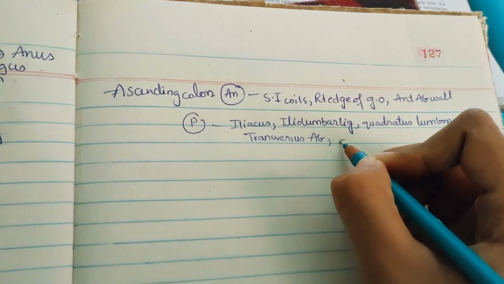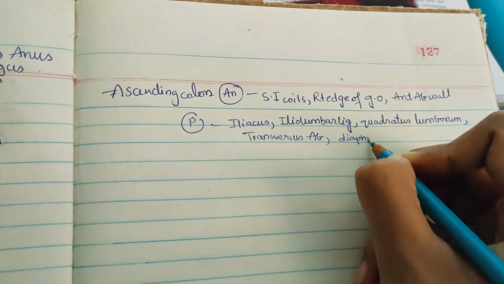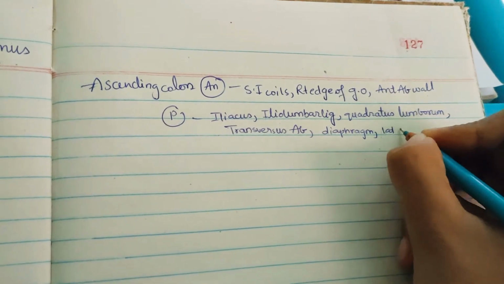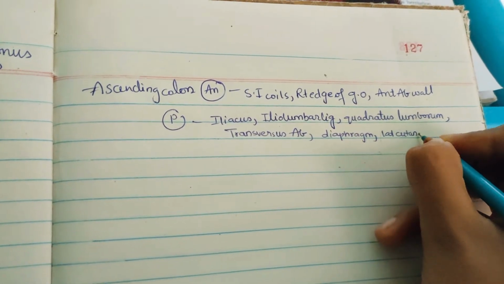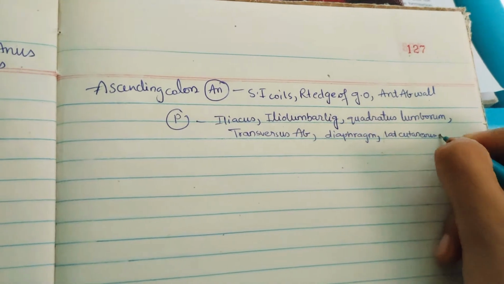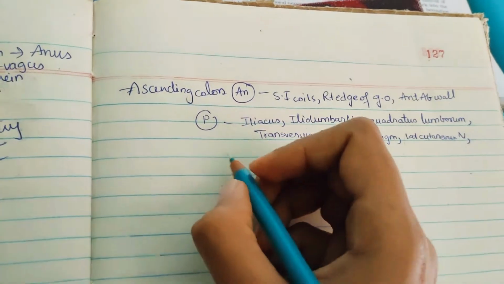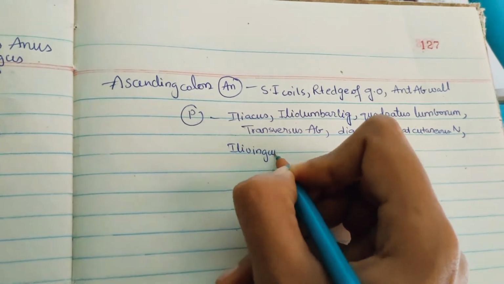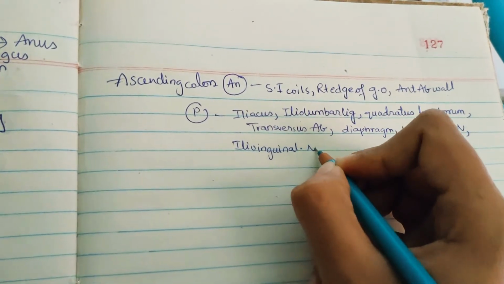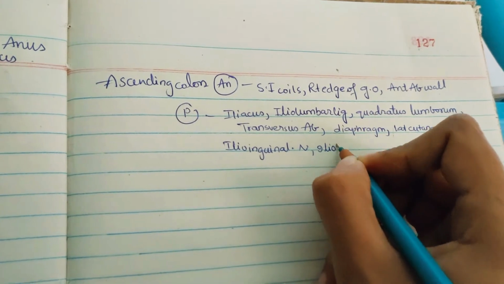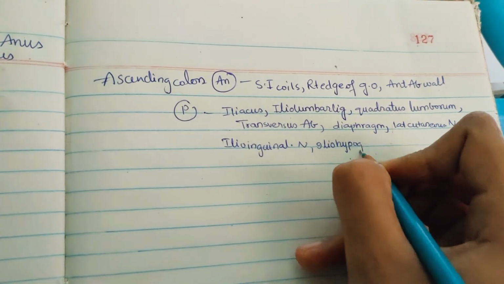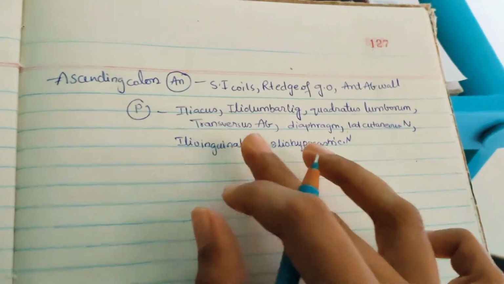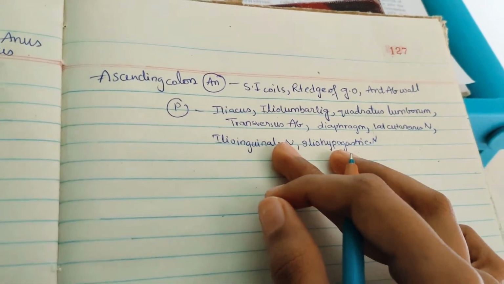And next you'll have diaphragm. And next comes lateral cutaneous nerve, ilioinguinal nerve, and iliohypogastric nerve. Iliohypogastric, ilioinguinal, they're like coming from L1, right, of lumbar plexus.